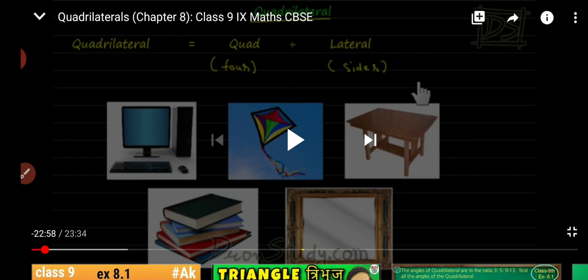What is the formula of angle sum property? (n minus 2) into 180, where n is the number of sides. So if the number of sides is 4, then (4 minus 2) into 180, that is, the angle sum property of a quadrilateral is 360 degrees.